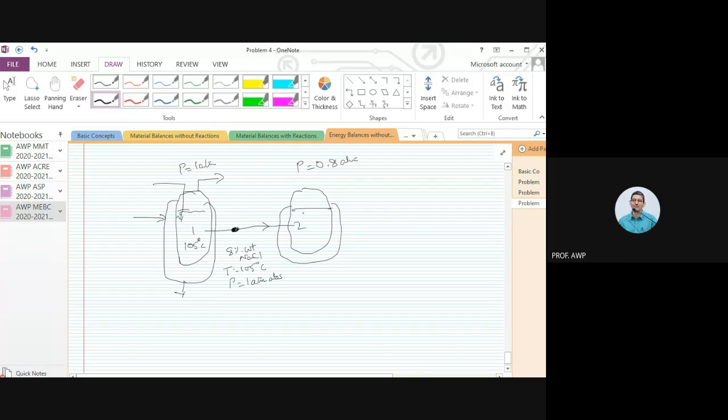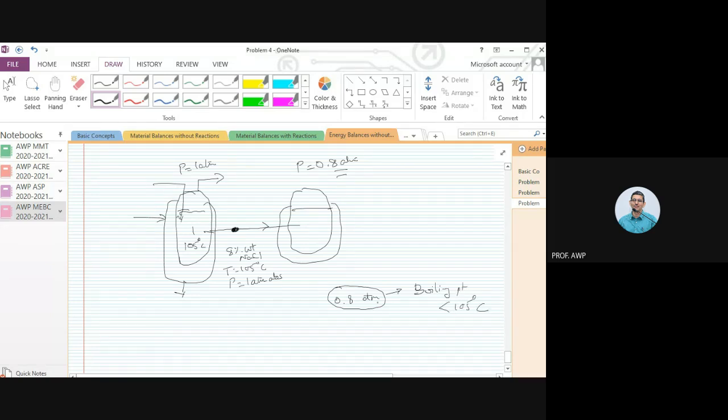Yes, sir. Now, when it goes into the second evaporator, the pressure is only 0.8 atmosphere. So if you think about the second evaporator, second effect, at 0.8 atmosphere, the boiling point would be much less, less than 105 degrees centigrade.